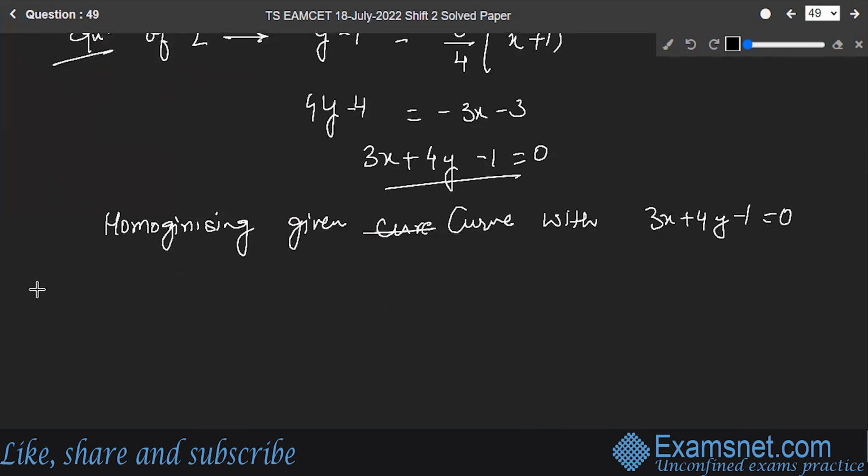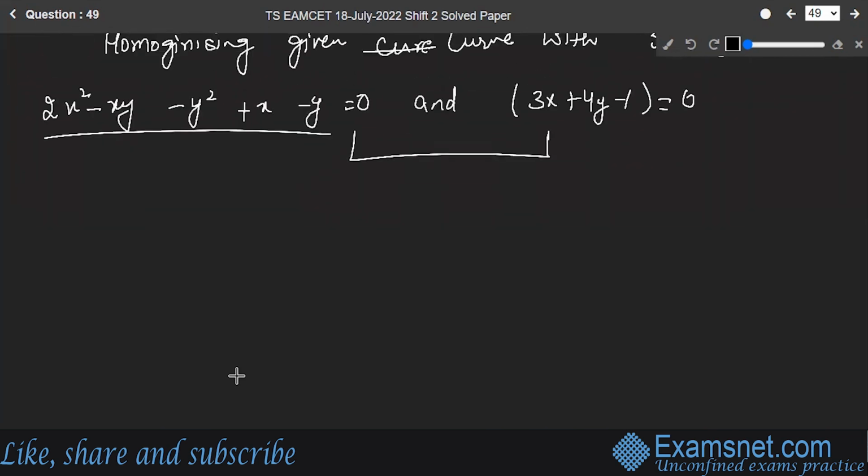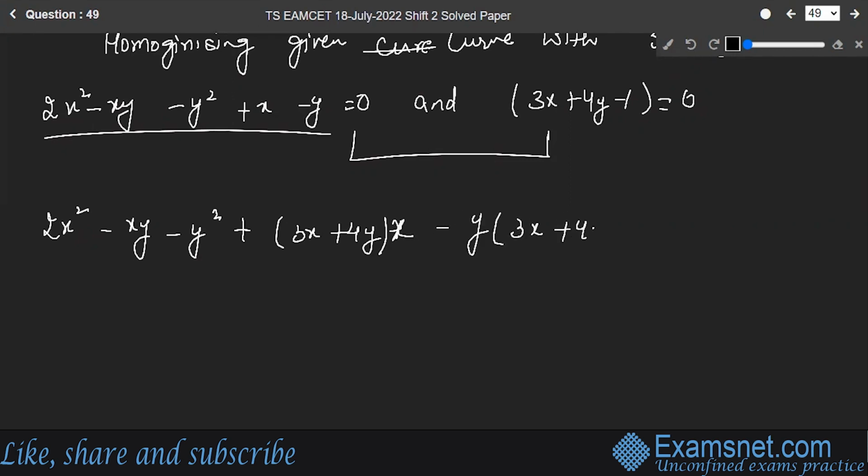The equation was 2x square minus xy minus y square plus x minus y is equal to 0. And line L is 3x plus 4y minus 1 is equal to 0. So homogenizing both of these, you will get 2x square minus xy minus y square plus (3x plus 4y) into (x minus y), (3x plus 4y) is equal to 0.